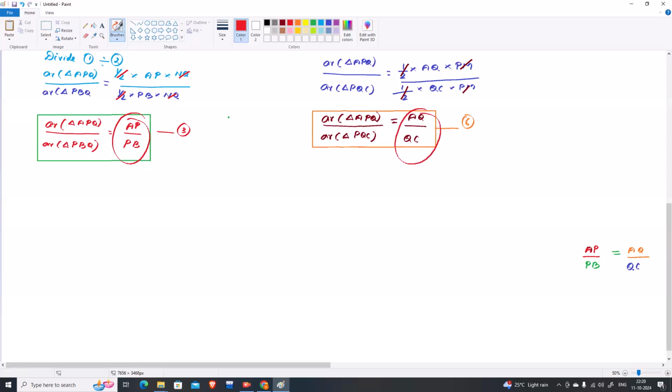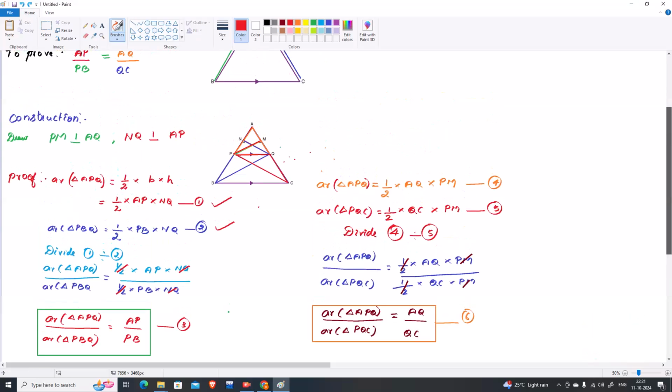When you observe, we got AP by PB, AQ by QC, but the left hand sides are different. Here APQ and APQ is correct, but the denominator is different. So if you prove the denominators are also equal, automatically the left hand side is equal, then we can say simultaneously the right hand side also equal, then we will reach the target.